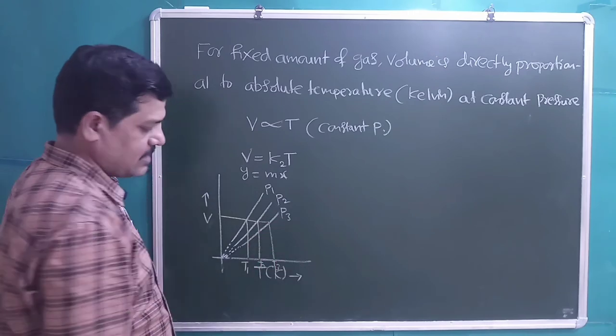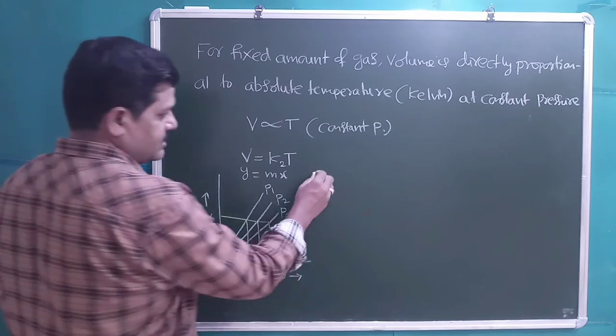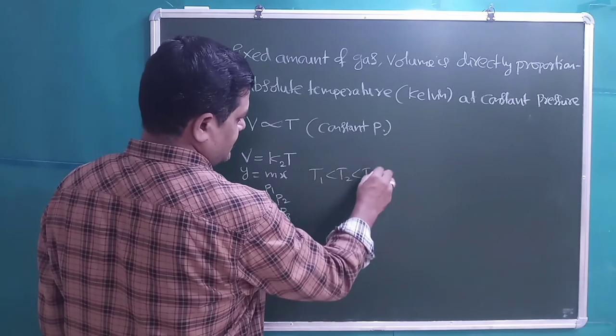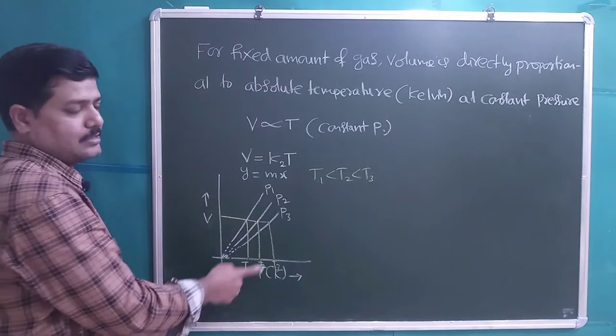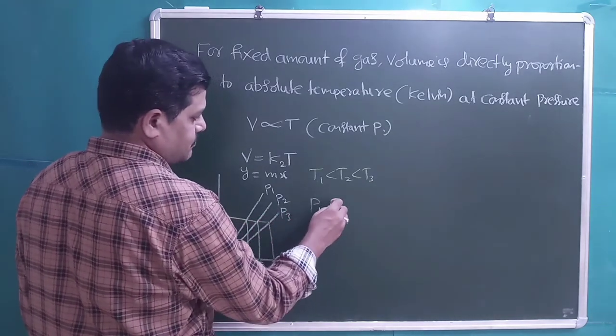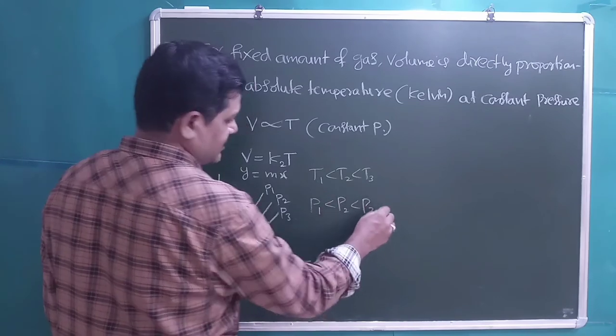From left to right temperature values are increasing, so T1 is lesser than T2, which is lesser than T3. Students, at constant volume, as the temperature increases, pressure also increases. So the order of the pressures is P1 lesser than P2, which is lesser than P3.